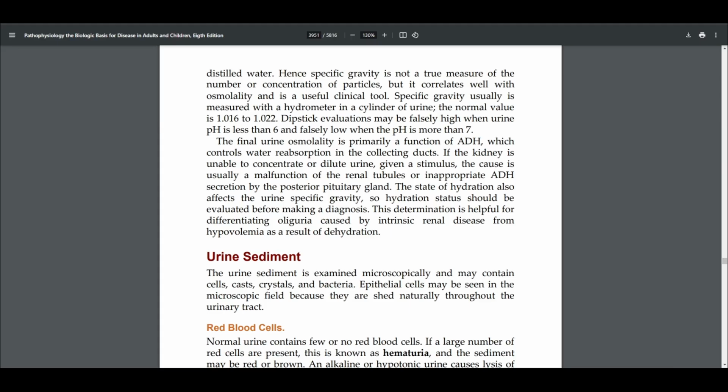The state of hydration also affects the urine's specific gravity, so hydration status should be evaluated before making a diagnosis. This determination is helpful for differentiating oliguria caused by intrinsic renal disease from hypovolemia as a result of dehydration.